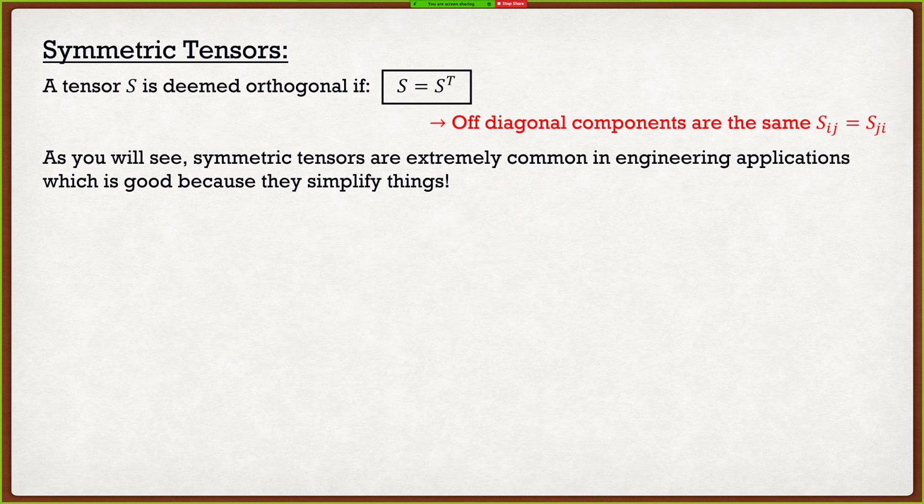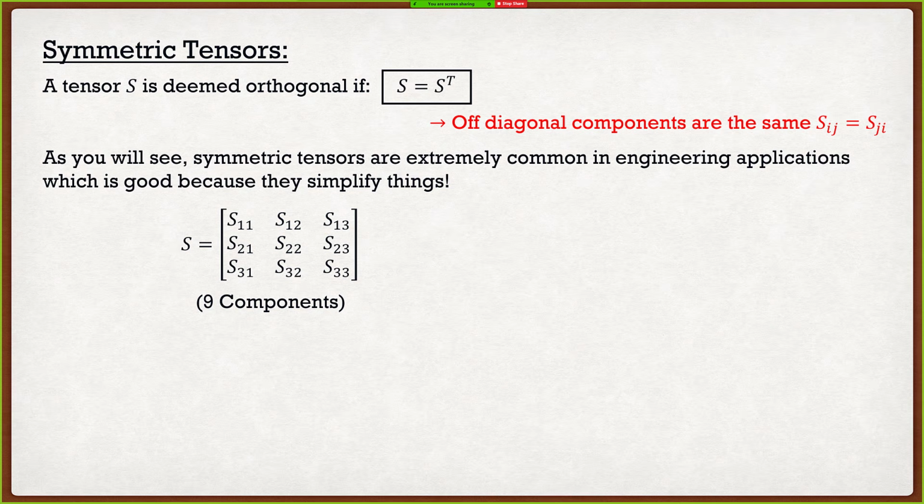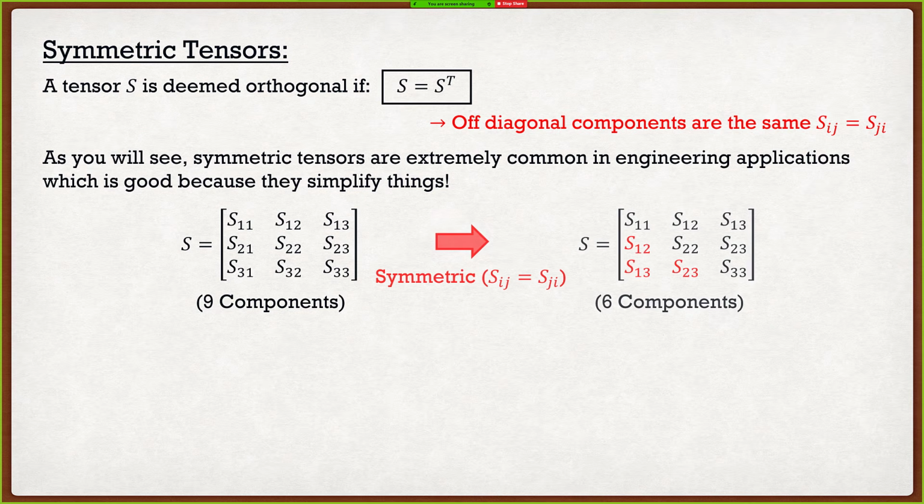And you say, Clayton, how exactly does it do that? Well, let's take a 3x3 matrix. If I'm looking at the stress of a solid in 3 dimensions, the stress can be modeled as a 3x3 tensor, S11, S12, S13, etc. We look at this, it has 9 components. However, if this is symmetric, so Sij is equal to Sji, we go from 9 components down to 6 components.